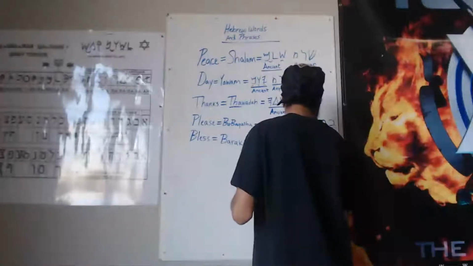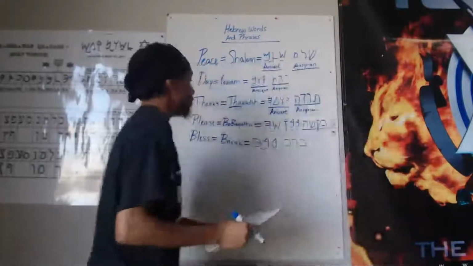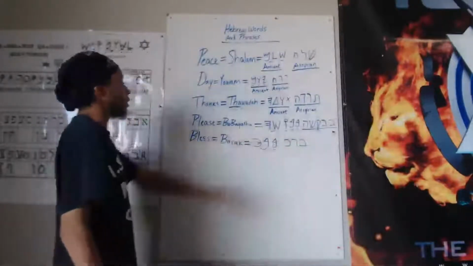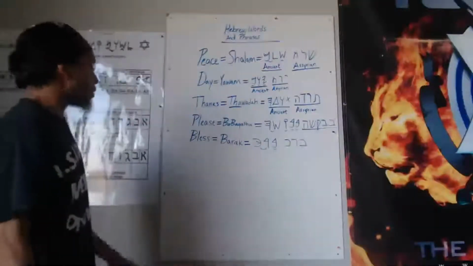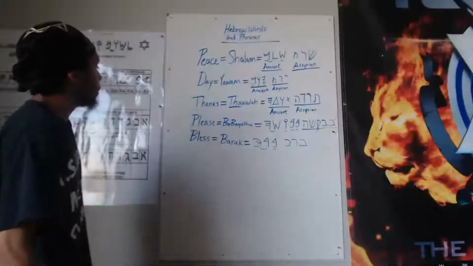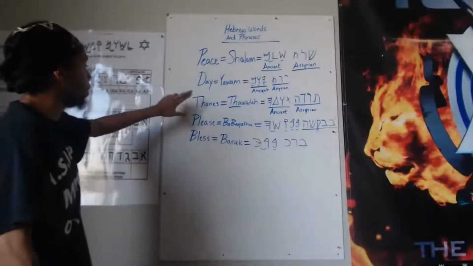All right. Ancient Assyrian, Assyrian ancient. Right. That's how you say it. Bless. That's what it is. Once again, we use this word all the time.